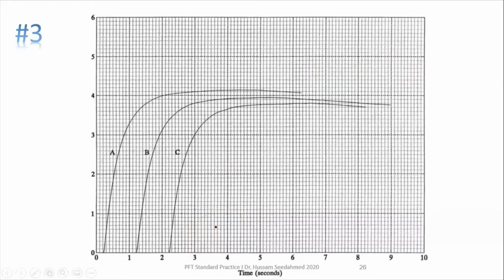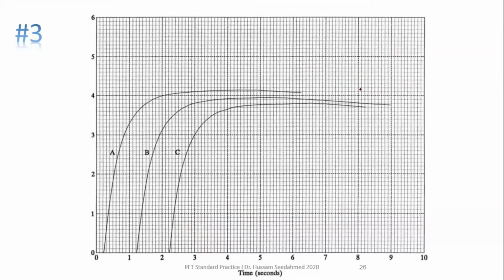Okay, is this one acceptable or not? Okay, Dr. Mahmoud. Yes, they are not acceptable. Why? Okay, Dr. Marwan. Yes, they are not acceptable.